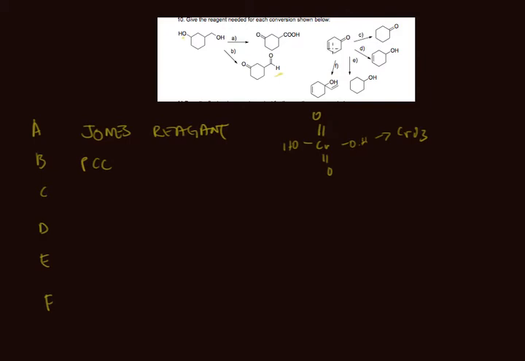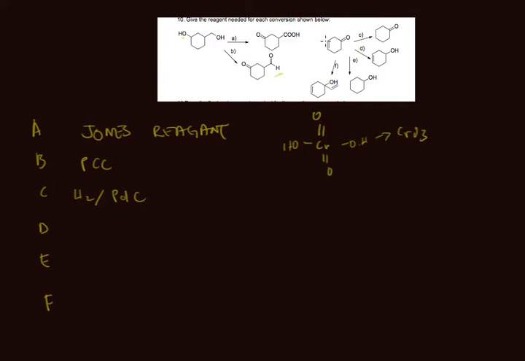For C, you've got this ketone group with this alkene group, and it shows it reducing the alkene. So H2, Pd, we learned in Organic 1, will take that carbon-carbon double bond and add two hydrogens to it.